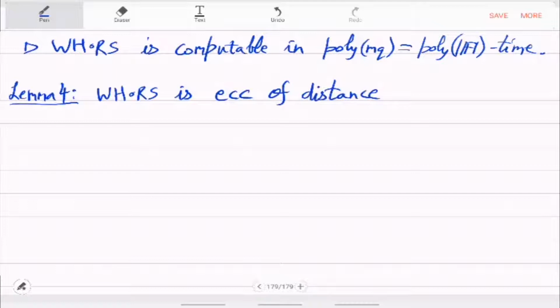So, Reed-Solomon code has distance 1 minus (n minus 1) by m, right? Two different n-tuples from the field will be mapped to m-tuples, and they differ in these many places.